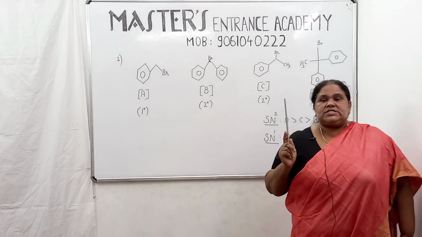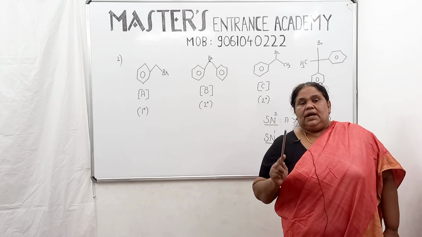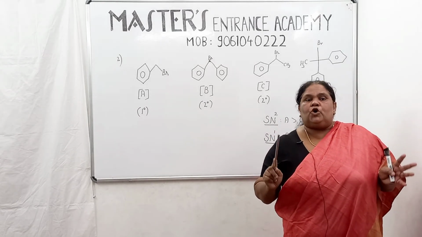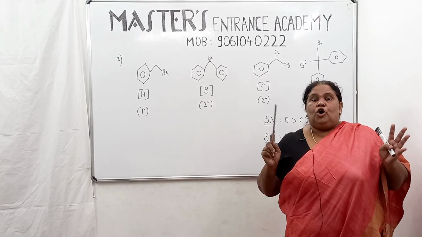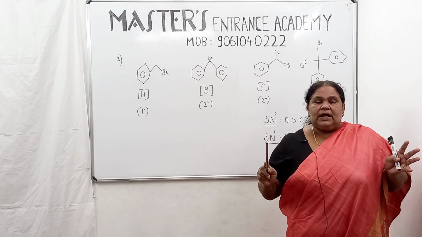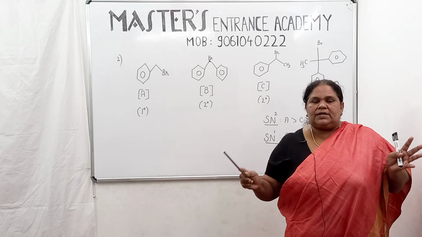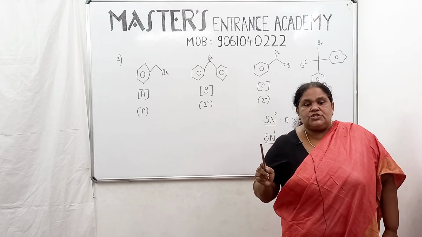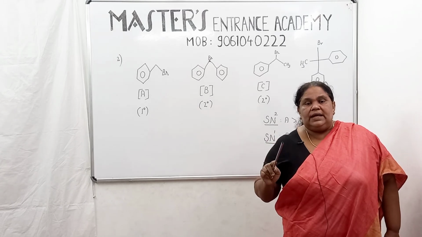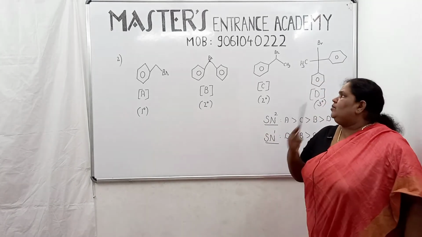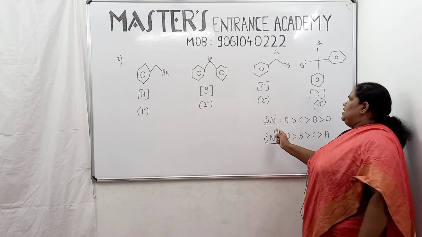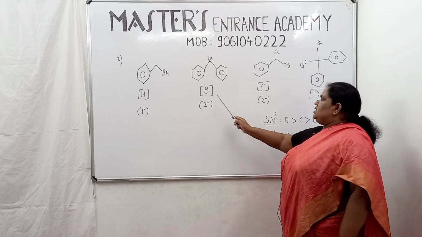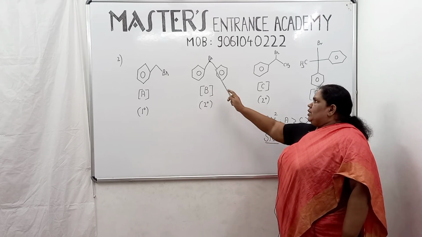Remember, SN1 reaction depends on the stability of carbocation. More the stability, faster will be the reaction. So tertiary carbocation is more stable than secondary, more stable than primary. So among these two, here see B, that is this one. What about B?